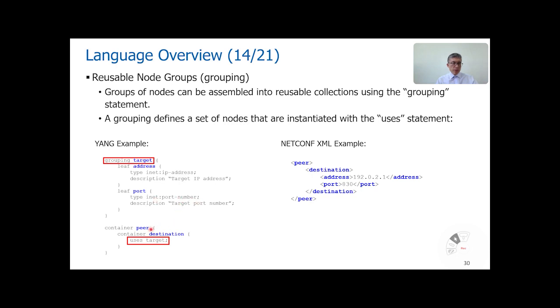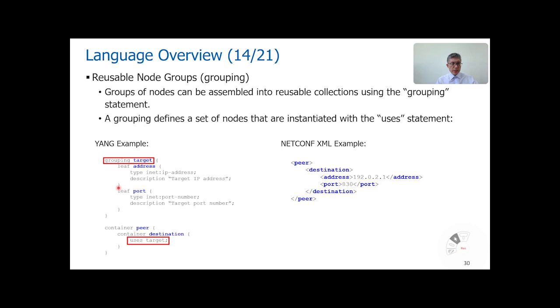And then here we make the instantiation, peer. So the container destination uses target. In this container, the type used is the target grouping. This leaf address and leaf port are embedded, so we don't repeat this type.